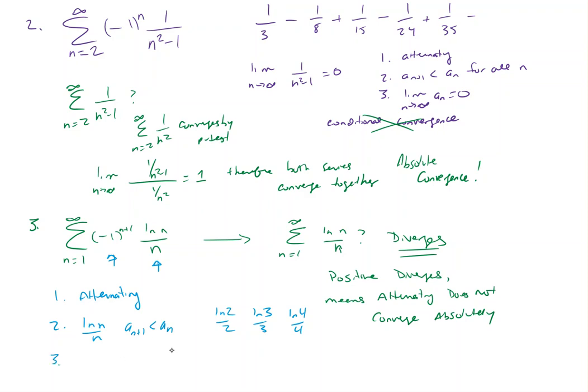Is it approaching 0? Well, the ln of n over n, I mean, if you want to prove it, we can prove it real quick, but it's a question of the race to infinity. You might say to yourself, well, yeah, it's just a race to infinity. The denominator is going faster. But if you don't see that, if you don't believe me, just use L'Hopital's rule.